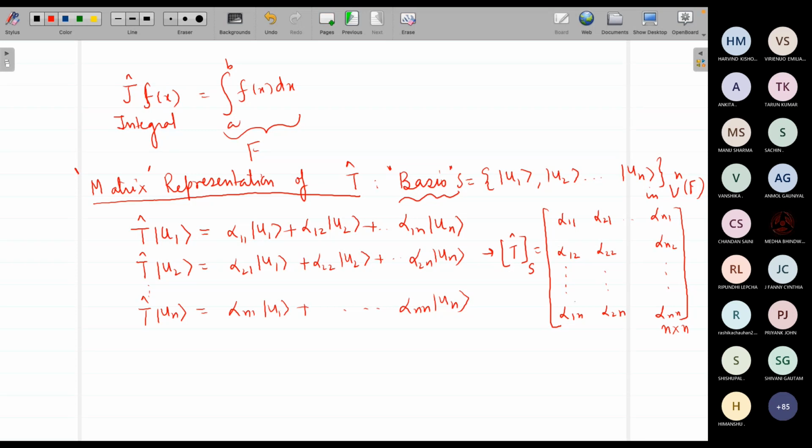Now, the thing which is important to notice is that alpha 1 1 is my first component, and then alpha 1 2 goes for the second position, which means, if you look at it carefully, that my first column is nothing but the expansion of my T u1 with respect to my basis. Similarly, my second column is this.